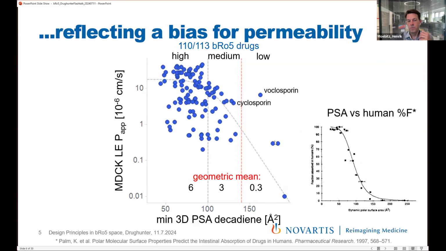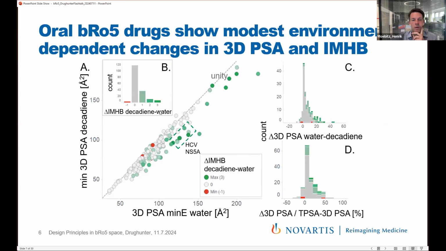accompanying conformations, we can look at the difference between the 3D PSA in different environments, which is on the next slide. So here you have the minimum water 3D PSA and the minimum 3D PSA in decadiene. And this is color-coded by the difference in intramolecular hydrogen bonds, with green being the maximum, up to 3.